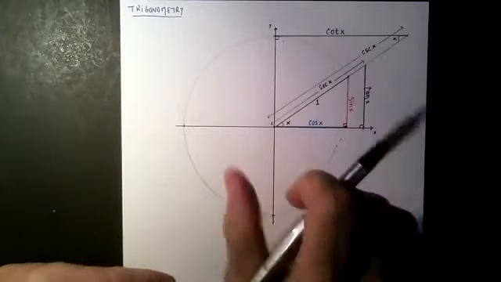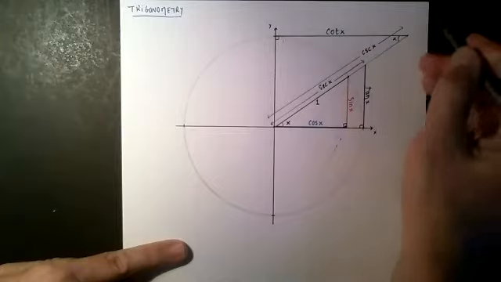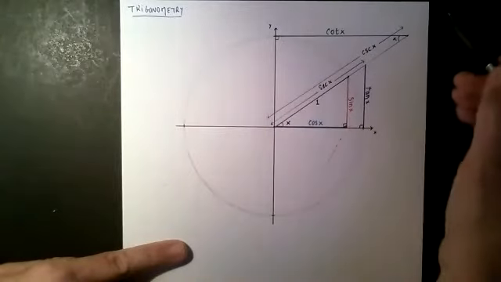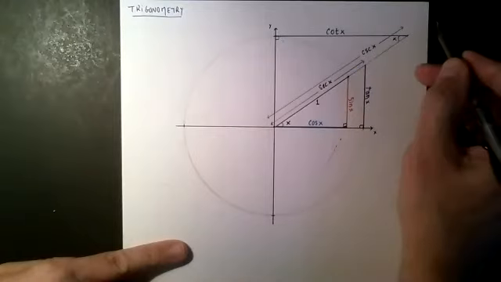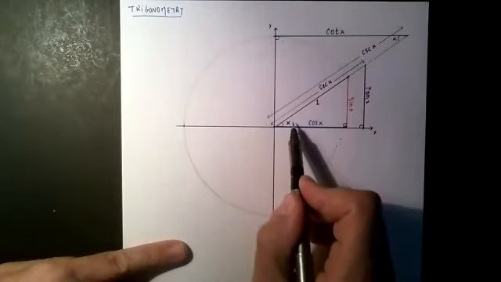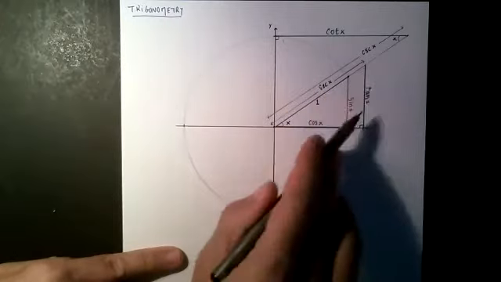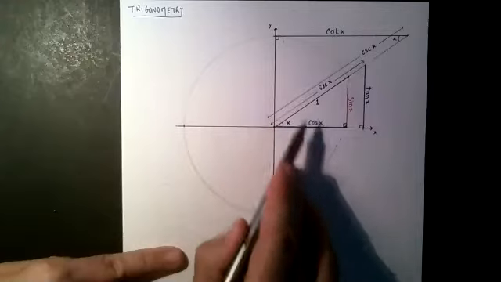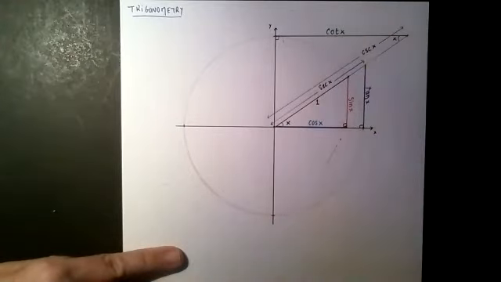If you remember, when you had two parallel lines that are crossed by a secant, it's funny, we call this a secant too. These angles, this one and this one, are called alternate interior. Alternate because they alternate with respect to the secant, one on the left, one on the right. Interior because they're inside the two parallels.